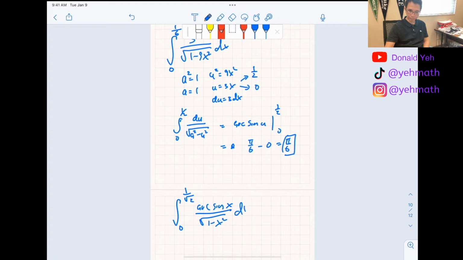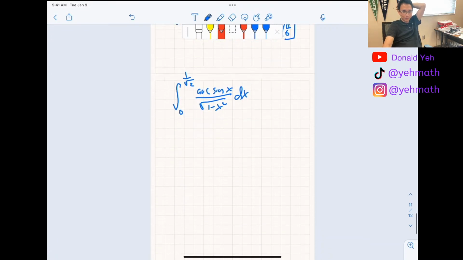Okay, so this one's a really difficult one, but it's not that difficult if you think about it. du equals 3 dx, so du over 3 equals dx. And then it becomes 1/3 times 3. This one's a little bit hard.